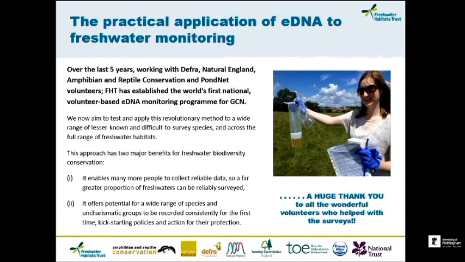We have found that the volunteers find it very simple to follow the collection procedures. And what I'm going to move on to now is that it offers a good way of collecting data on uncharismatic species which would otherwise be under-recorded.